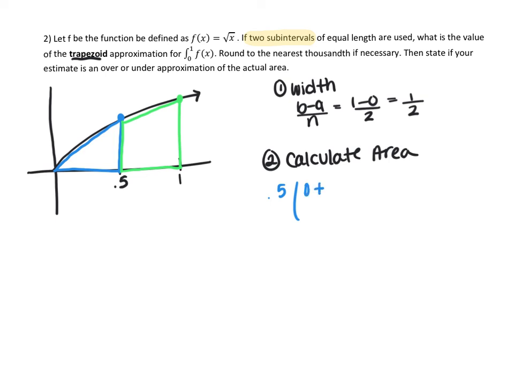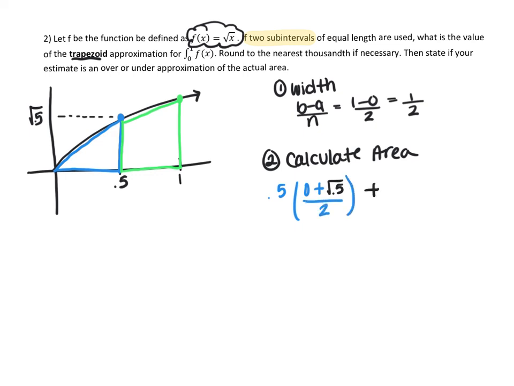Plus the height here would be whatever the height is at 0.5. So you can go ahead and type that into your calculator and see, but since the function is just the square root of x, we can use the square root of 0.5. So we'll make this square root of 0.5 divided by 2.